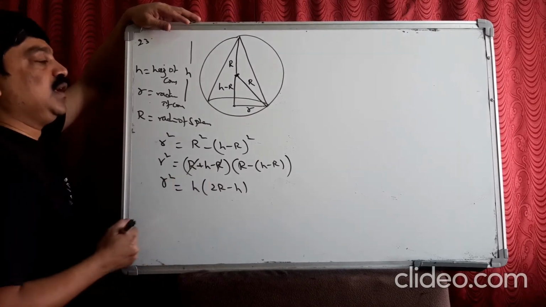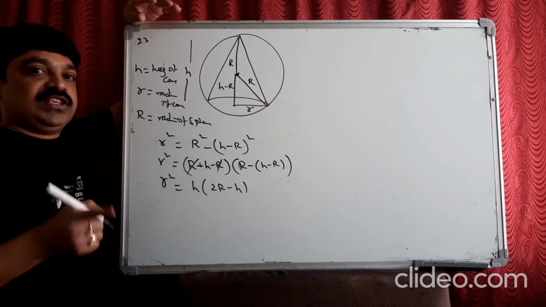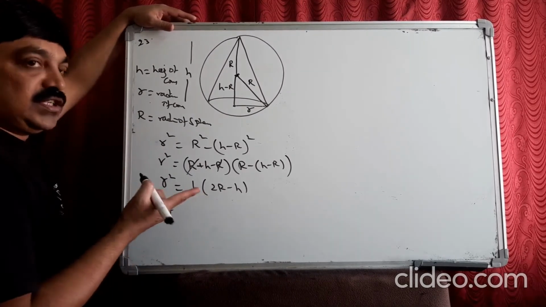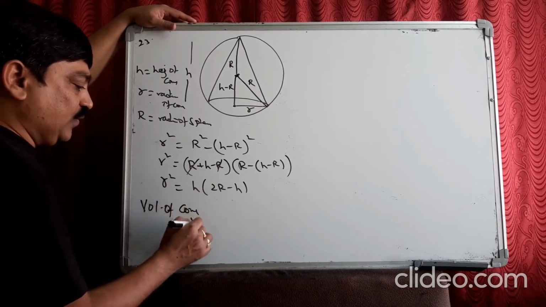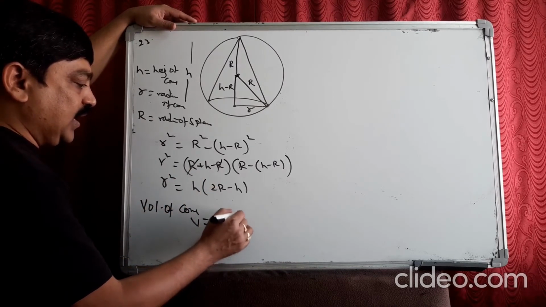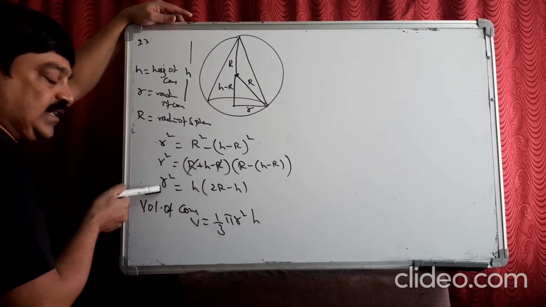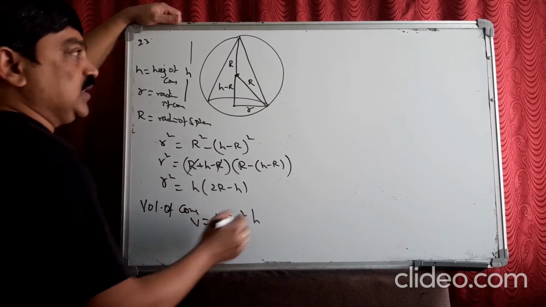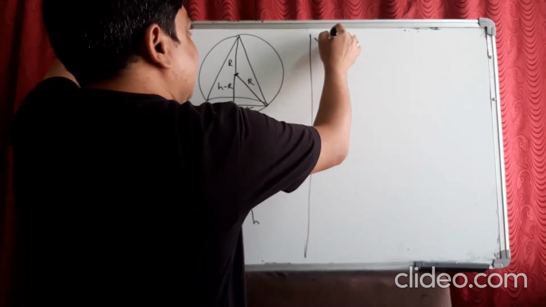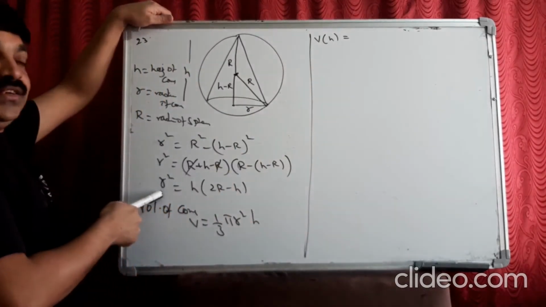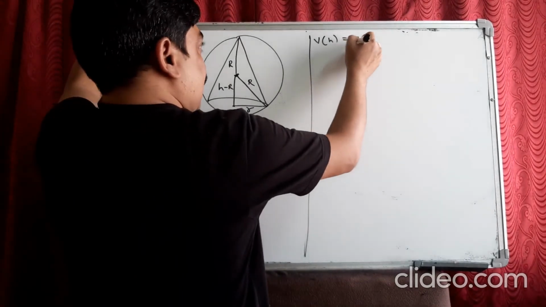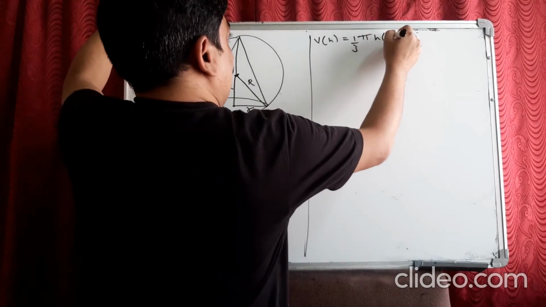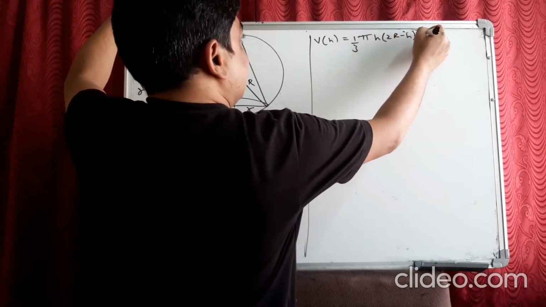Later we see. Now you are told that the volume of the cone is maximum, so we start with the volume of the largest cone. Largest means maximum. Volume of the cone V is equal to 1 by 3 pi r square h. That is the reason I didn't take the square root here, so that you can substitute r square directly. So V of h, because I am replacing r square here, is 1 by 3 pi, and instead of r square I write h into 2R minus h, times h again.